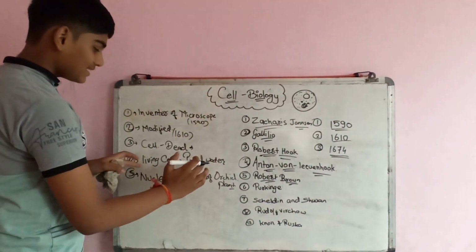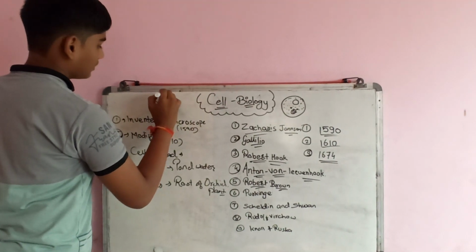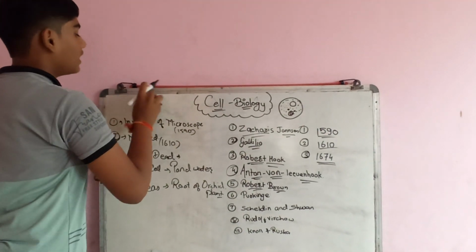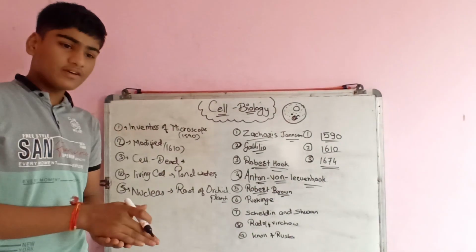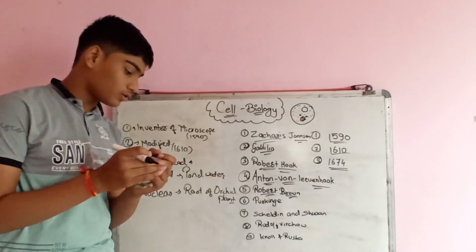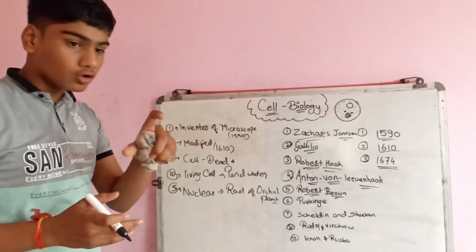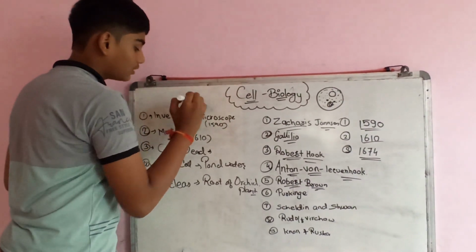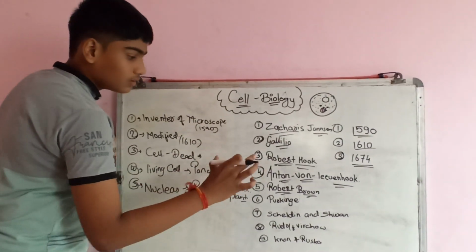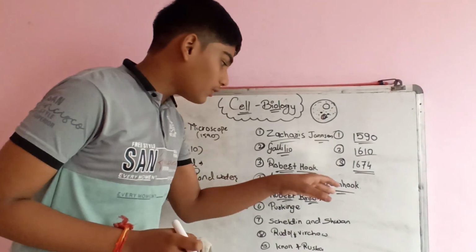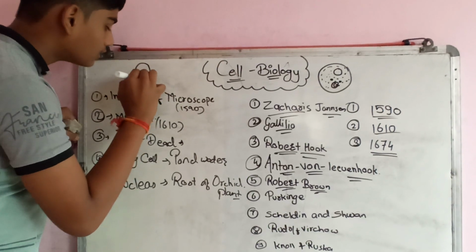When the living cell was seen, it looked like this. If this is a cell, everything looks black and white, because the ink they used for seeing anything in the microscope was black or blue ink. The exact look which Anton van Leeuwenhoek had in his microscope was like this.